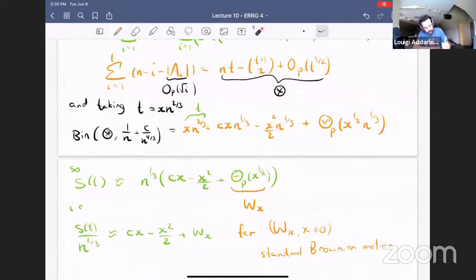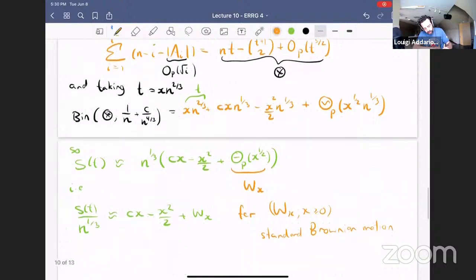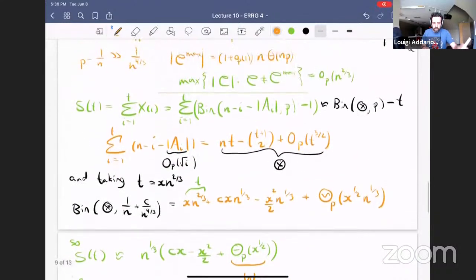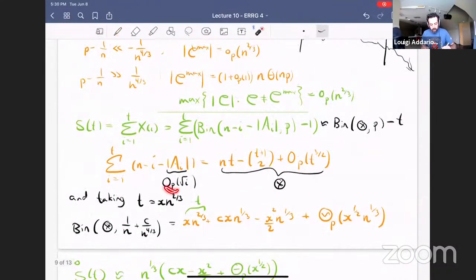So you can make sense of that as a statement about the whole process, but if you just want to think about it at a fixed time and not about the whole process, then you can just think of this as being a centered Gaussian with variance x. Okay. So this whole story can be made perfectly rigorous. It's not far from being rigorous, except there are just some approximations that need justification. Okay.